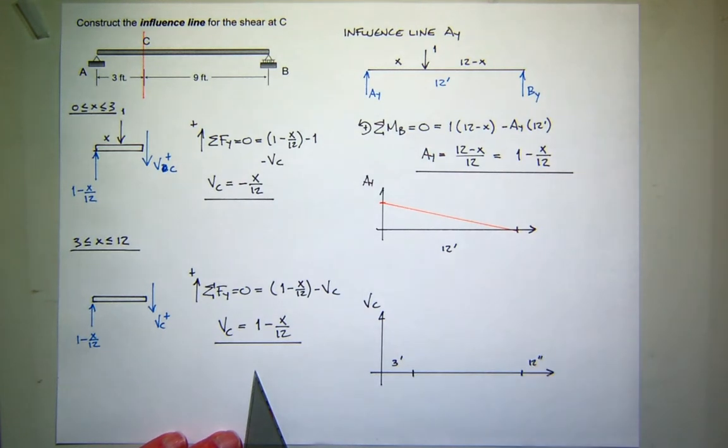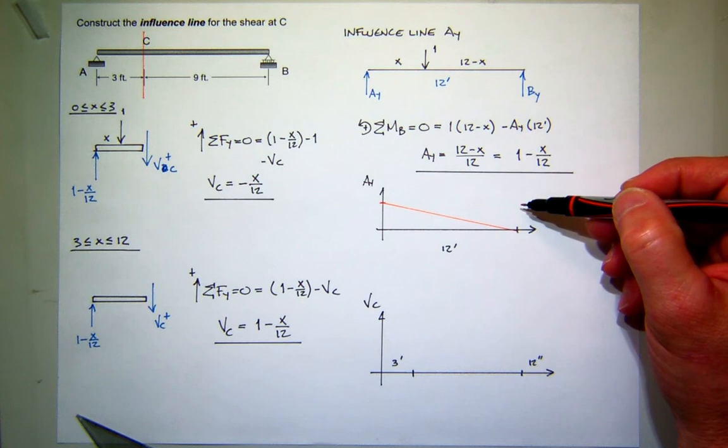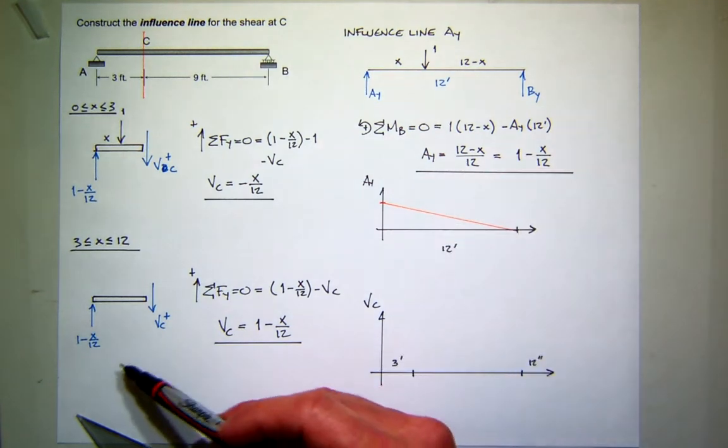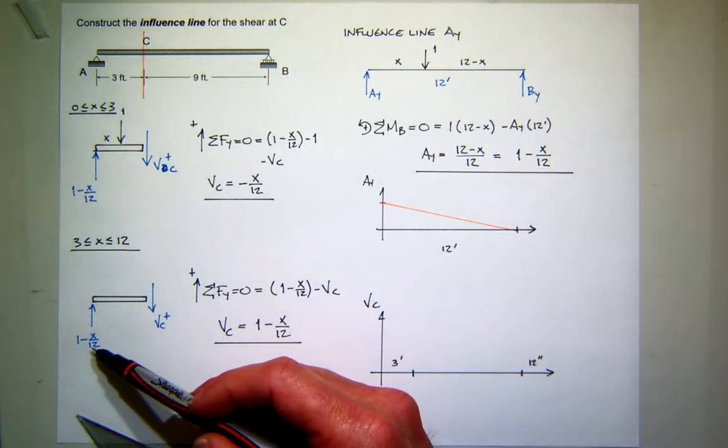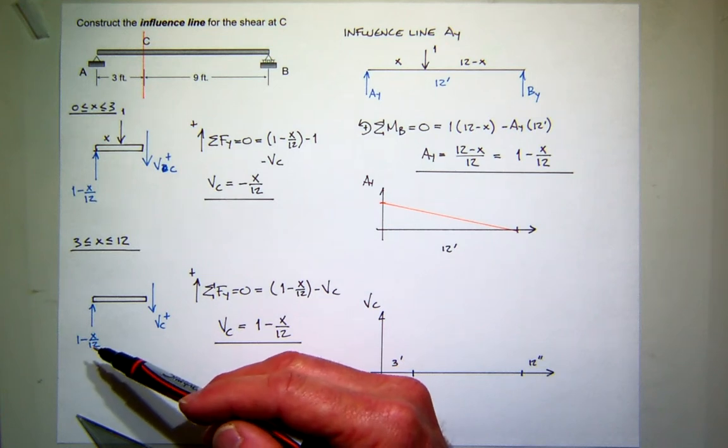Yes? I'm confused about the diagram when it's 1 minus x over 12. The reaction, the influence line for A? No, down in the free body. Over here? Yes. So I'm thinking like it's at 3. Why isn't it minus x over 12?